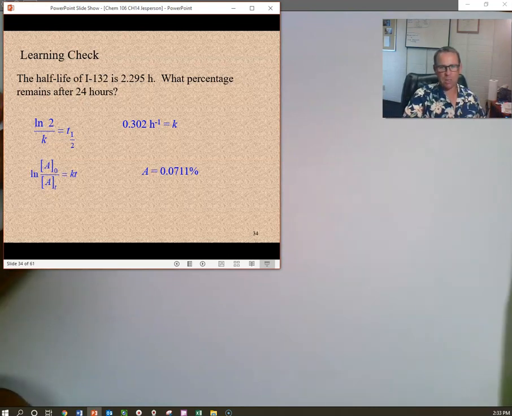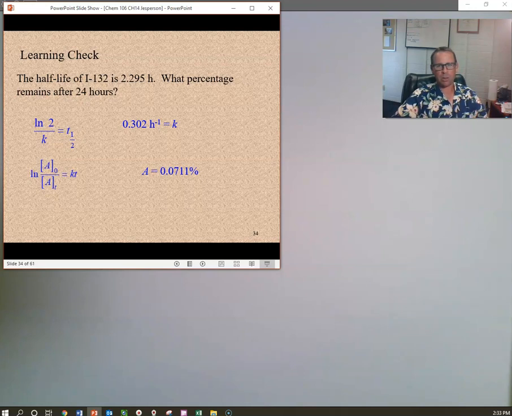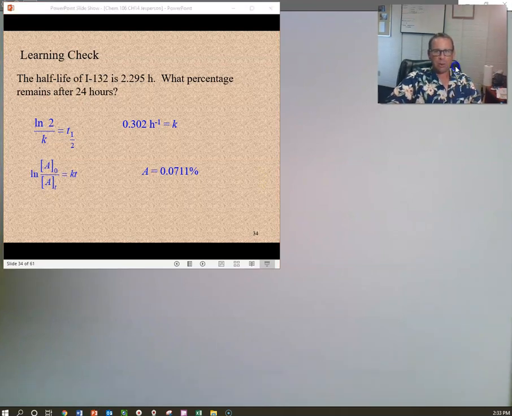Not that we don't trust what we just did, but you want to have a second way to always double check yourself. If we think about this initially being 100 units of this material, 100 grams, we could say, and we want to know how many grams we're going to have left over after 24 hours.